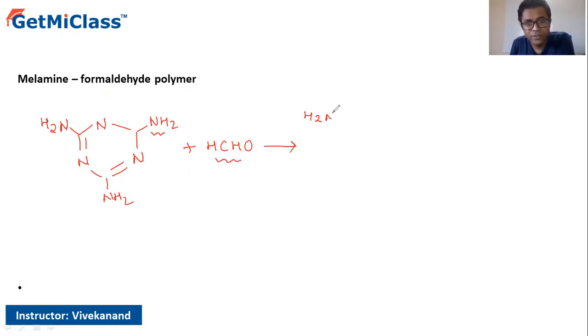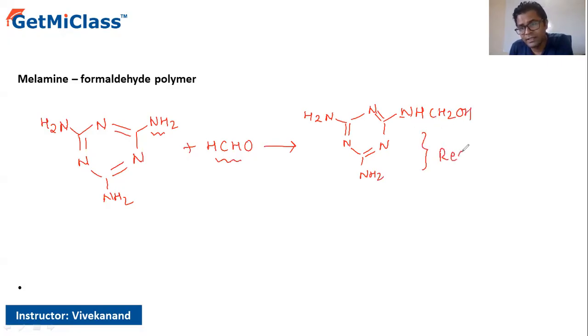So as a result of which we end up getting over here NH2, double bond N, single bond over here, and here a double bond, and here comes the NH, CH2OH. Now this is actually a resin intermediate.